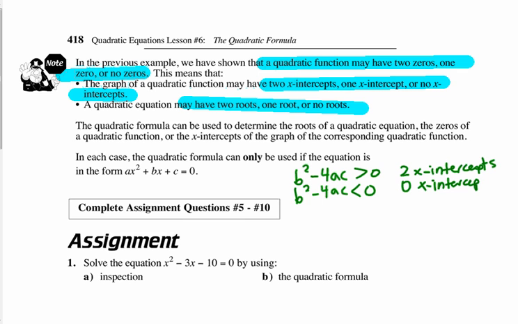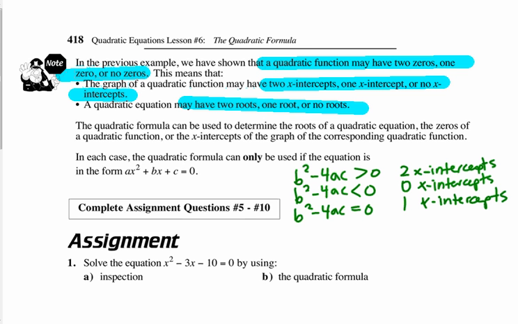And if it equals 0, then you have 1. So if you were just checking how many x-intercepts, you could just figure out b squared minus 4ac, what's underneath the square root, and you don't have to figure out all the rest of it.